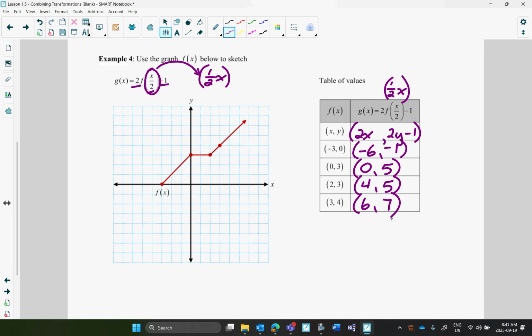So -6, -1 is there. 0, 5 is up here. 4, 5 is over here. And the last point is there.